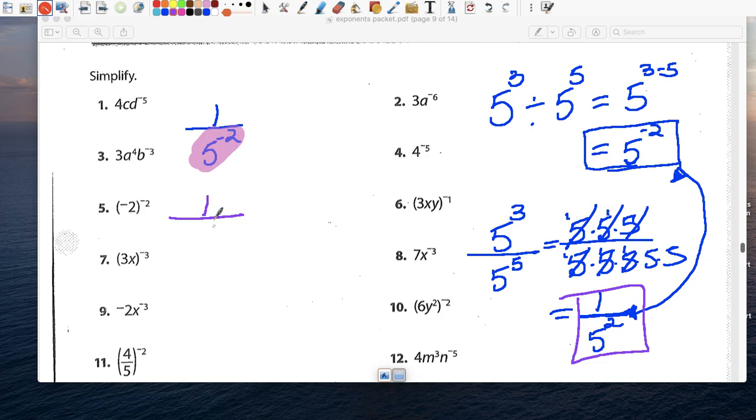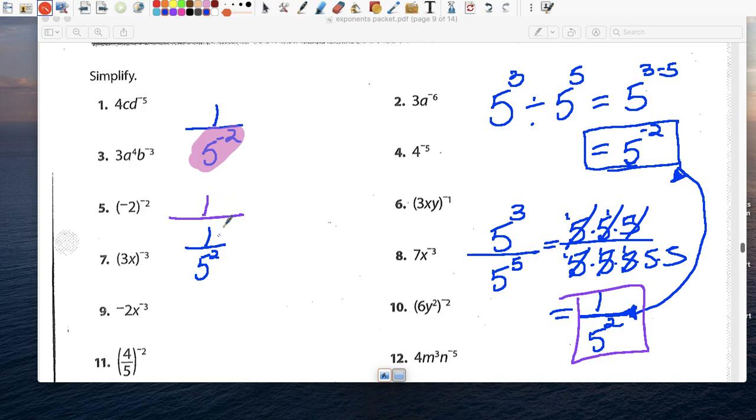So we're going to write it as 1 over 5 to the 2nd power. So I took the 5 to the negative 2nd power, wrote it under 1, and changed the negative to a positive.